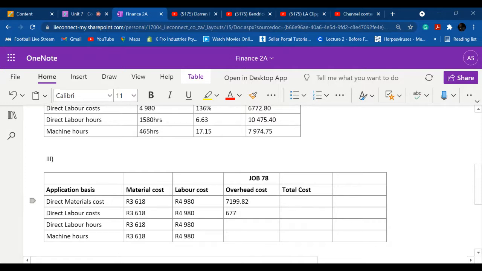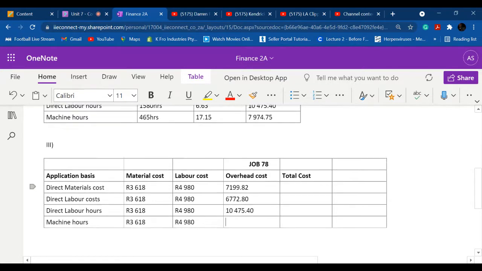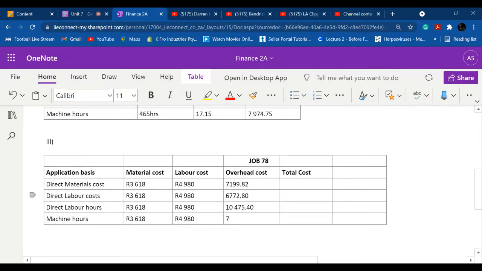Then this one I can see 677.80. 10,475.40. 7,974.75.